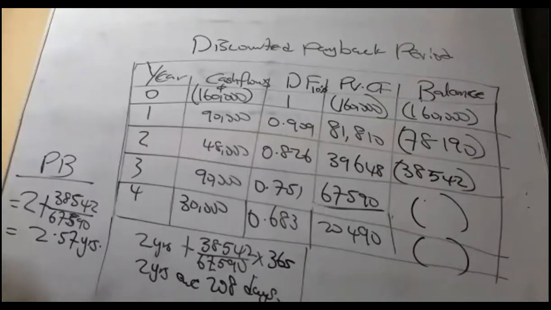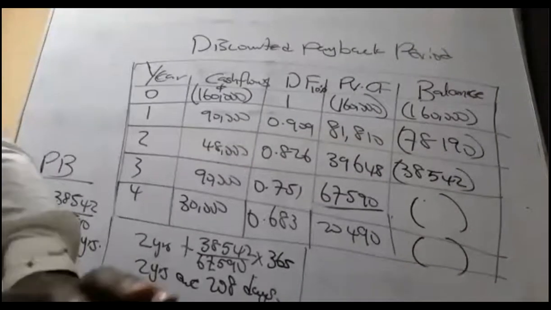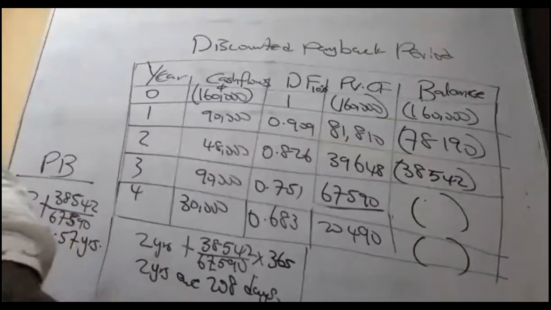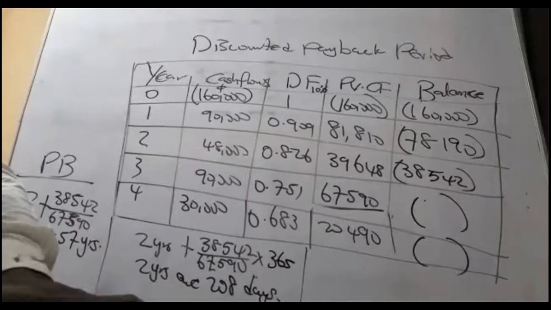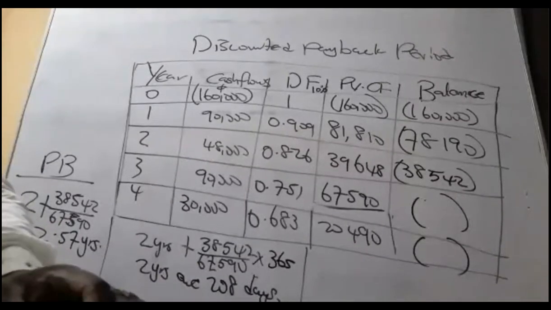So accept the project that pays back within the shortest possible time. That's the decision rule. You should also know the decision rule for accounting rate of return. Then you are done.